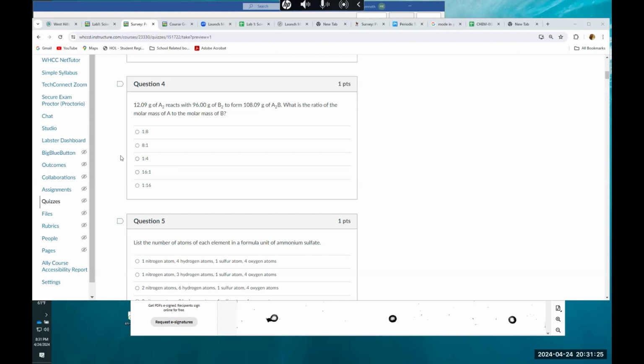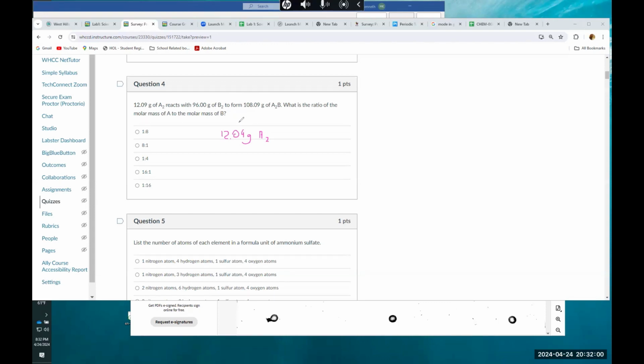So, sort of like what we did with percent mass composition. If we have 12.02 grams, and that's going to be of A2. And this is going to be the mass of the total compound, right?